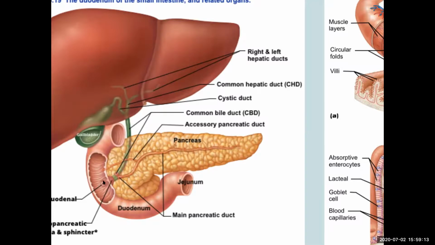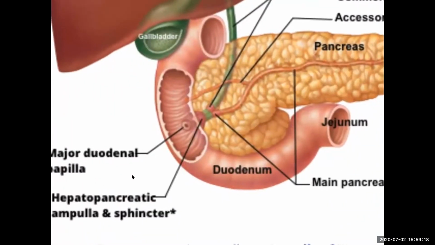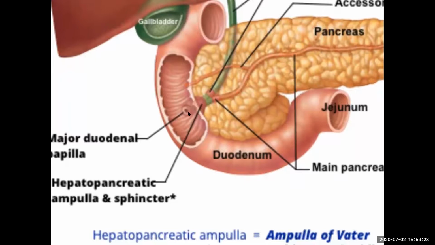pore. Let me clarify. This dilated portion of the duct is known as the hepatopancreatic ampulla. Another term for hepatopancreatic ampulla is the ampulla of Vater. The sphincter is the smooth muscle that's able to contract around it.